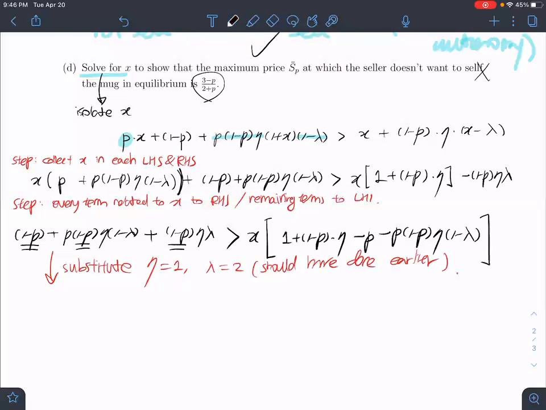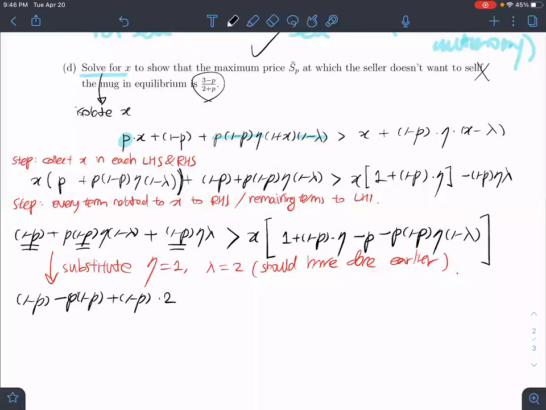Okay, so here we have 1 minus p plus p(1 minus p). Eta is 1, lambda is 2, so we have minus 2 here, plus (1 minus p) times 2.